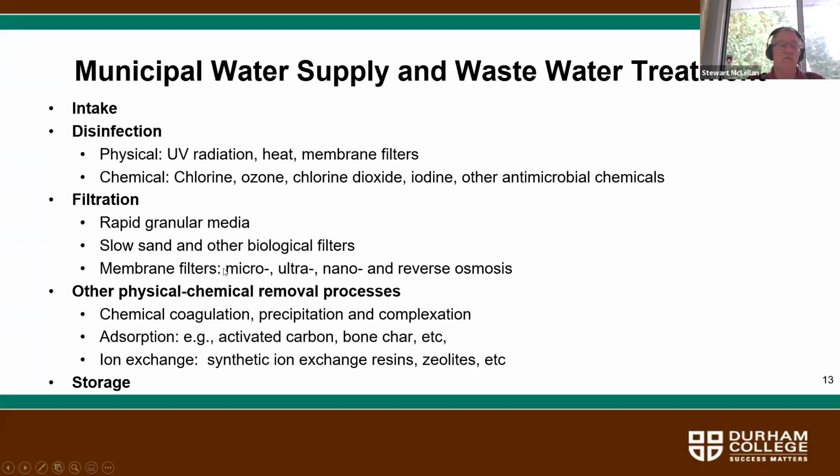potentially could be membrane filters, as we discussed in one of the previous slides, which can be micro, ultra, nano, or reverse osmosis.